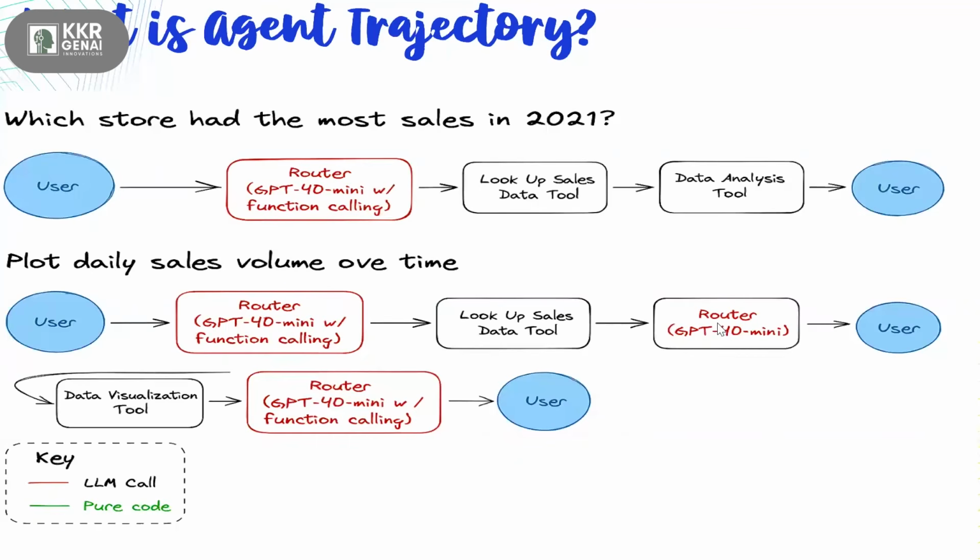So going back to the slide, we see the question: could you plot the daily sales volume over time? Suppose that, instead of connecting to the sales data tool, it is directly connected to the financial table. Then the entire response provided by the agents would be completely incorrect.